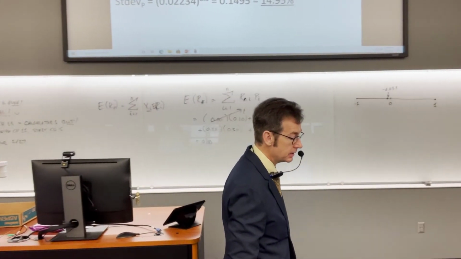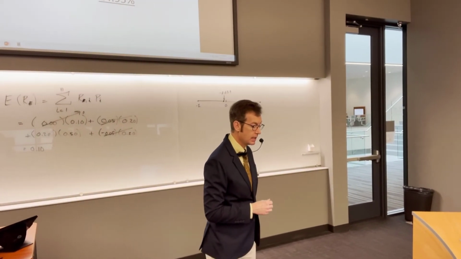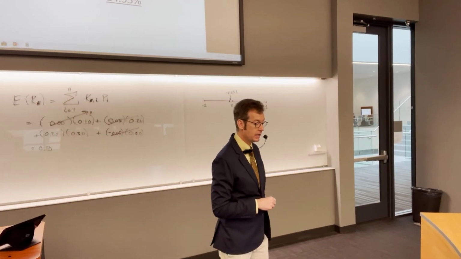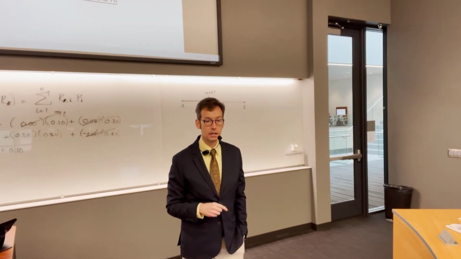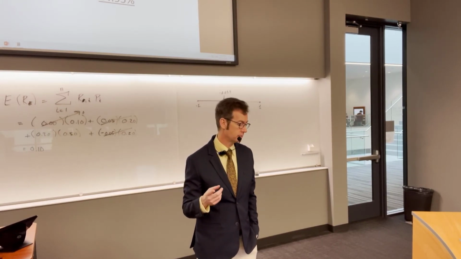Now I can plug these things in. I know the weight on A is 0.6, and I'm going to square that. I also know that the variance on A is 0.0585. That's 24 point whatever squared, right?